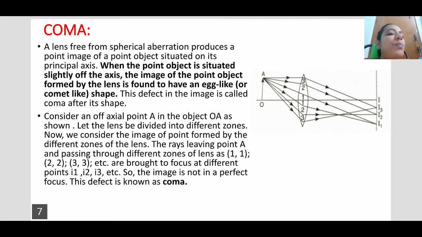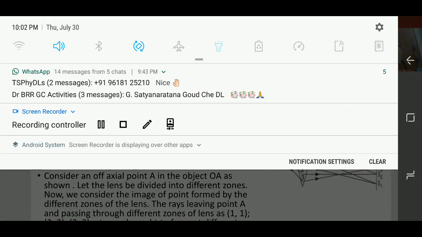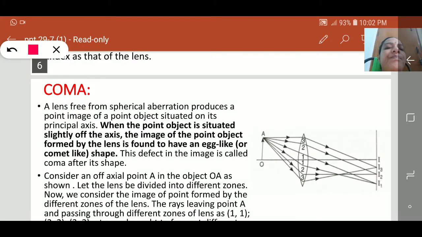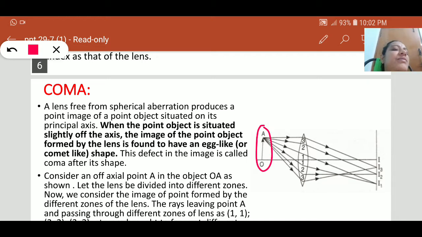But when the point object is situated slightly off the principal axis, what happens? See here, this is slightly off, this is the object. When the point object is situated slightly off the axis, the image of the point object formed by the lens is found to have an egg-like shape, or comet shape.